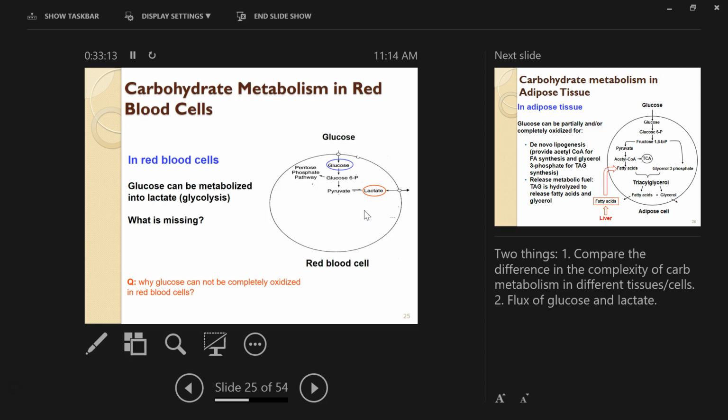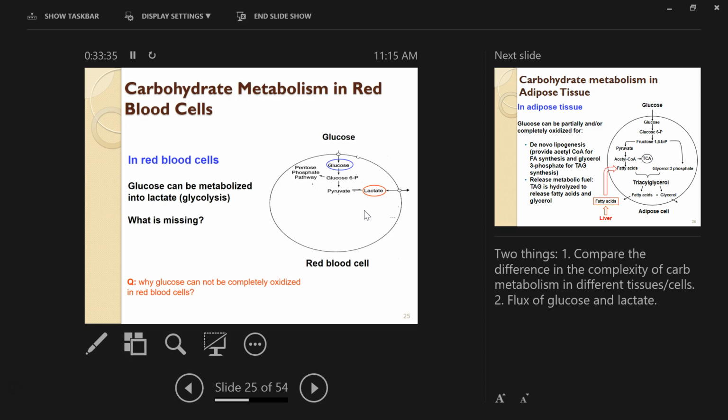So red blood cells only utilize glucose for energy, and also, different from brain cells because of no mitochondria, red blood cells only do glycolysis, right? They cannot completely oxidize glucose.